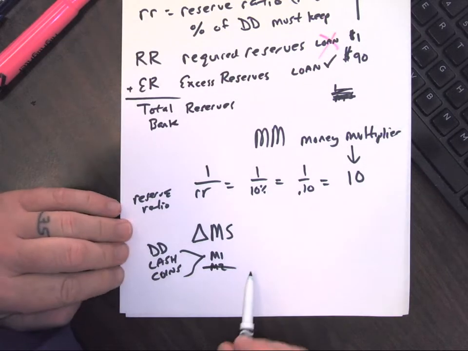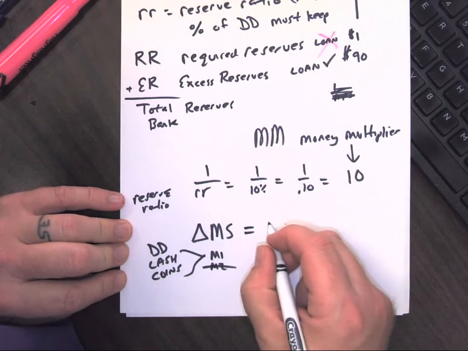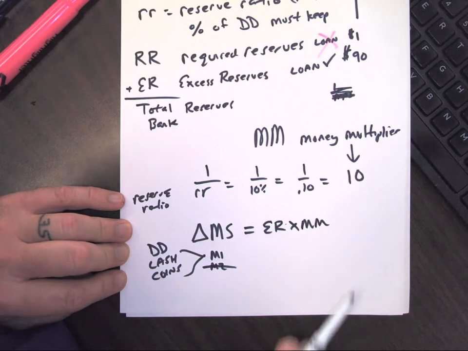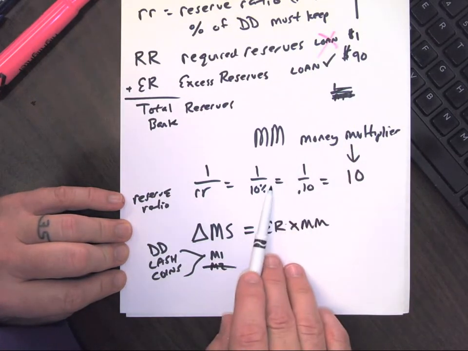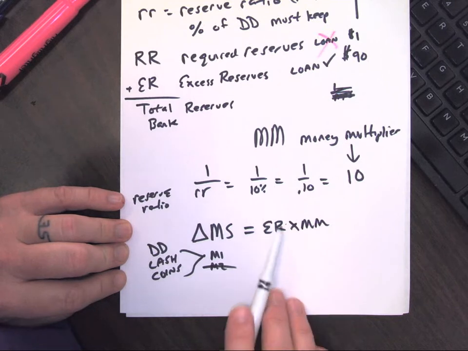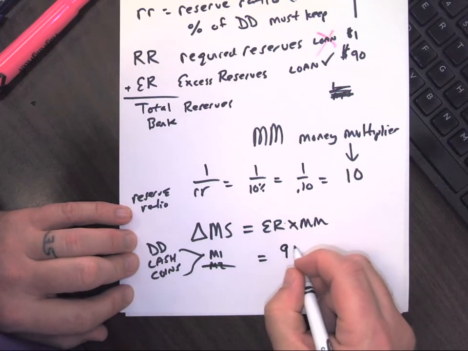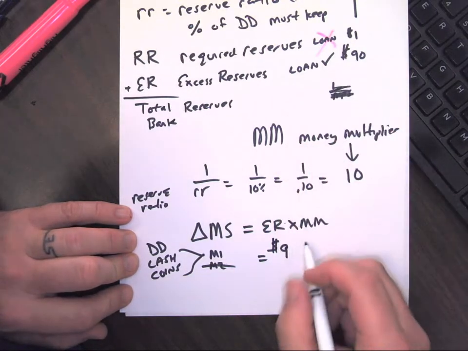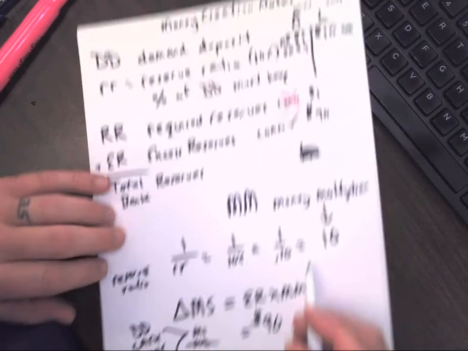So now what we're looking at, change in money supply is going to be equal to our excess reserves times the money multiplier. So we're going to see when this bank can loan out its excess reserves by how much of a fraction is kept in each bank and make that into a formula. So this is going to be equal to our $9. Remember, that's what they can loan out, right? I'm sorry, it's $90 because I imagined it was a deposit of 100 instead of my 10.